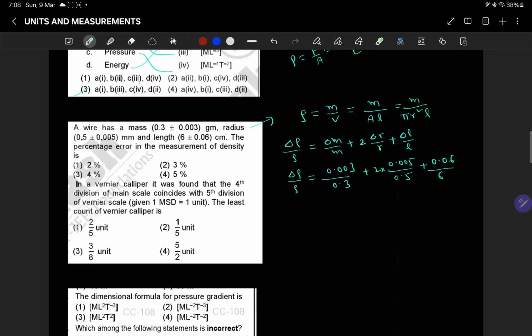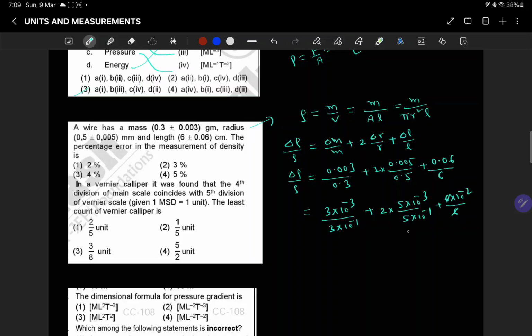It is easy only, students. You can easily calculate. So now here 3 into 10 to the power of minus 3 by 3 into 10 power minus 1, plus 2 into 5 into 10 power minus 3 by 5 into 10 power minus 1, plus 6 into 10 to the power of minus 2 by 6.